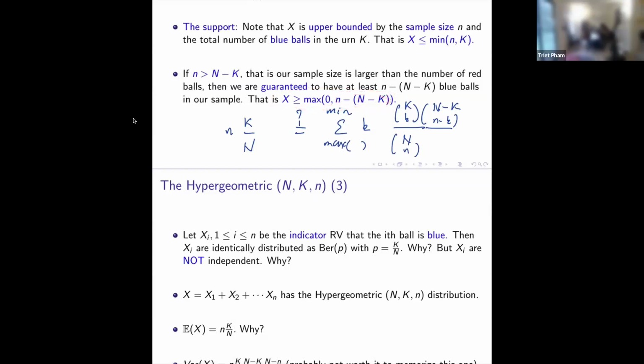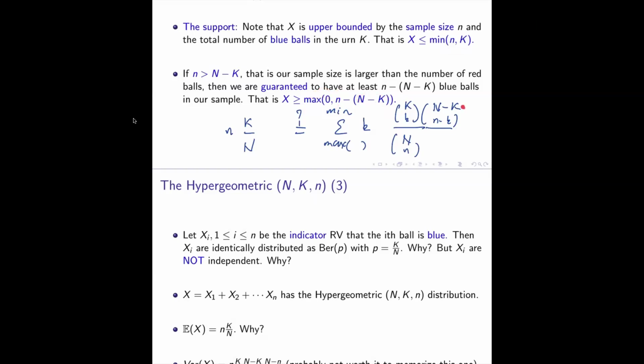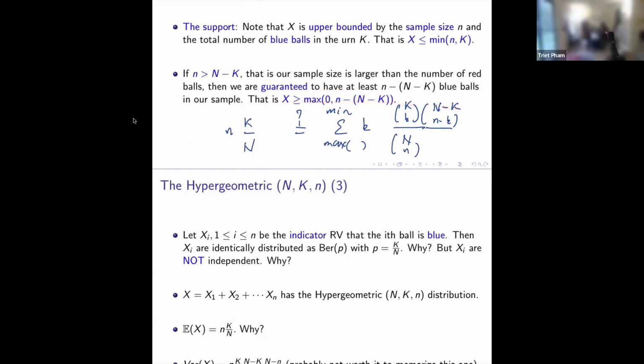Of course, this is only if your sample size is larger than the number of red. If this is less, then 0 will be the bound, and of course the same for the other side. All right, you have 5 minutes to prove that to me, counting from right now. Okay. Anyone else interested?